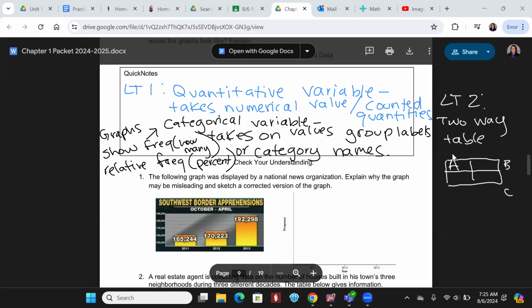We always want to make sure that we label. So we put variable 1. And then on the side, we're going to write variable 2. And we want to make sure that we include our total on the outside.